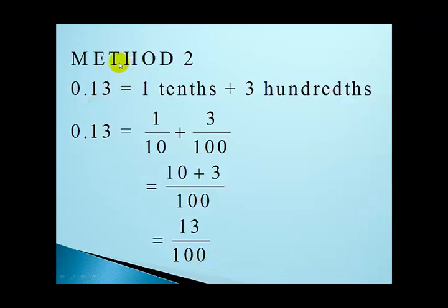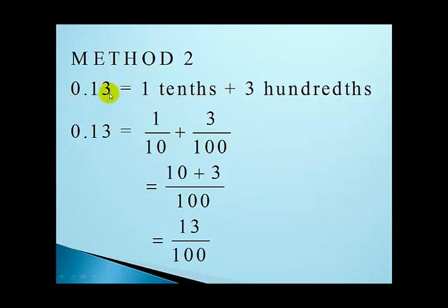Now let's look at method 2 in converting decimal fractions to fractions. When we consider 0.13, the first digit after the decimal point is 1, and that 1 is occupying the tenths position, and so 0.13 is equal to 1/10 plus 0.03.